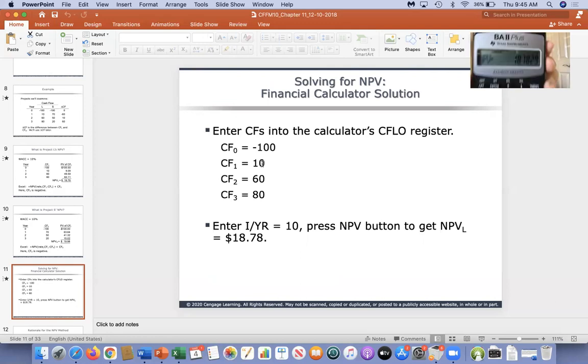And there is our answer. NPV, the net present value is $18.78. Okay, 1 penny less than what we calculated just due to rounding when we were doing it all by hand on the previous slide. So that's how you do this on the calculator.